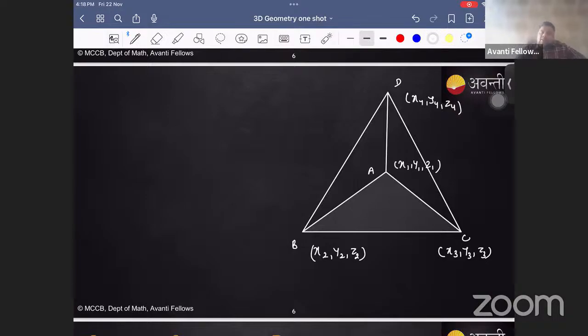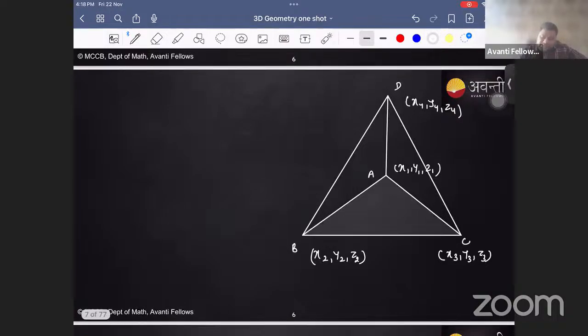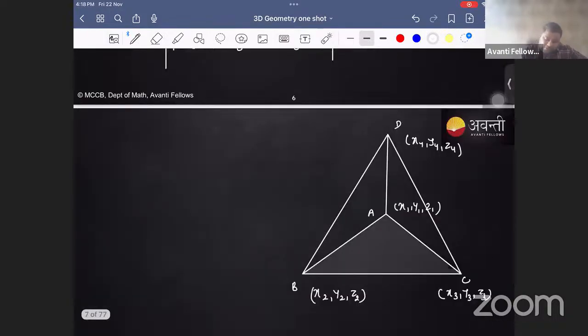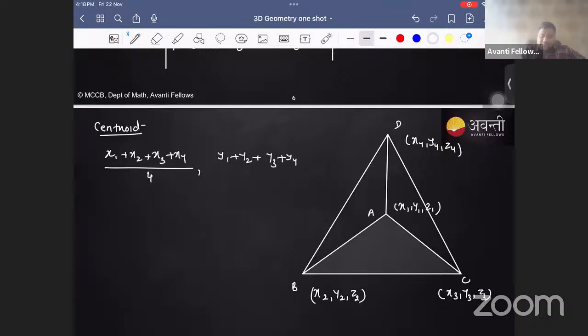All right. Now, two terms that we generally talk about, centroid of this tetrahedron. So centroid of the tetrahedron will be x1 plus x2 plus x3 plus x4 by 4. Similarly, y1 plus y2 plus y3 plus y4 upon 4.